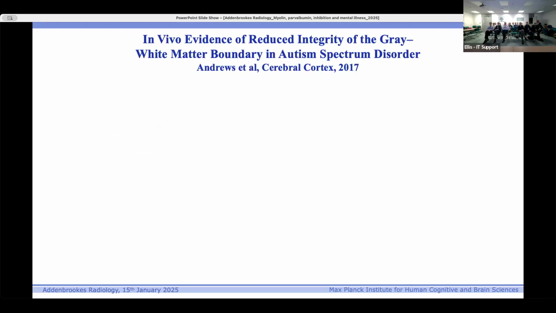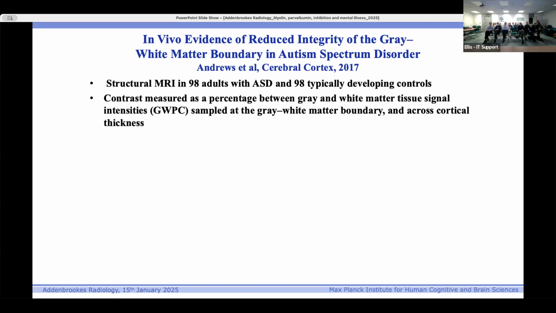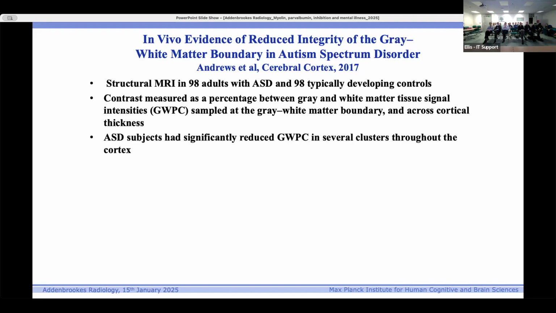Now I'm just going to show a few slides. This is work done here at Adworth, Andrews et al. 2017, looking at the grey matter boundary and how fuzzy it is in subjects with autism spectrum disorder. There are 98 adults with ASD and 98 typically developed controls. The contrast was measured as a percentage between grey and white matter tissue signal at the grey-white boundary.